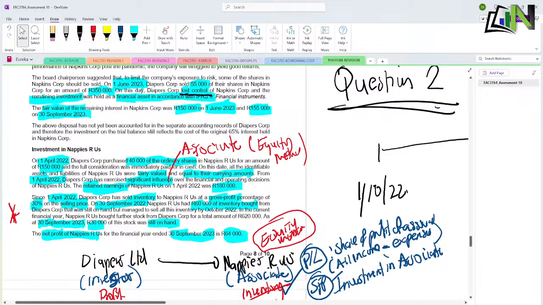Because the inventory is the one affected, what is going to happen is that the inventory is an asset, and all assets and liabilities should be under your investment in associate. So it's not the inventory that is affected, it's the investment in associate account that is affected. Okay, so please take note of that. Take note of that. That is what I wanted to show you guys.